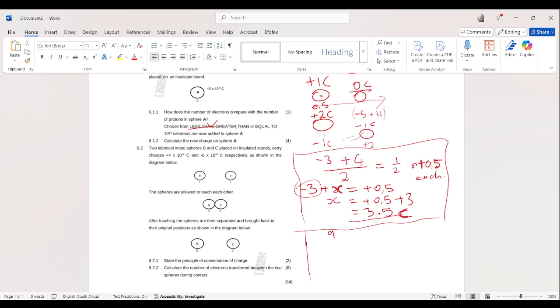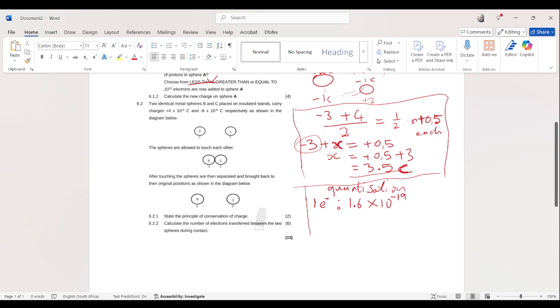We have to go to the concept of quantization, which says that one electron is equal to 1.6 times 10 to the power of minus 19. Do you all remember this one? Yes, sir. That's one electron.